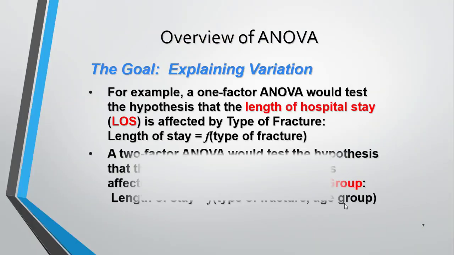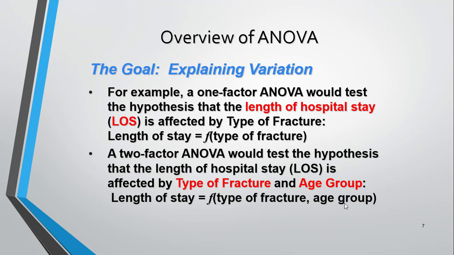For example, in one-factor ANOVA, we test the hypothesis that the length of hospital stay, another example, is affected by the type of fracture. We know that if someone suffers a bone fracture and goes to a hospital, the doctor will check and tell him how long he has to stay in the hospital to get the fracture healed.